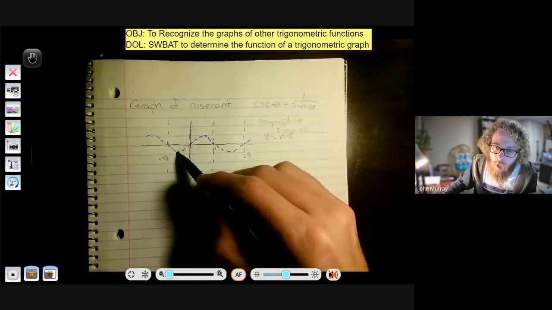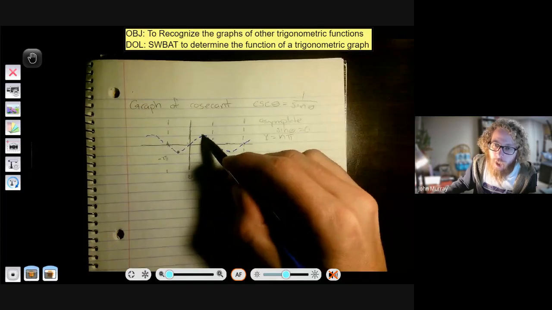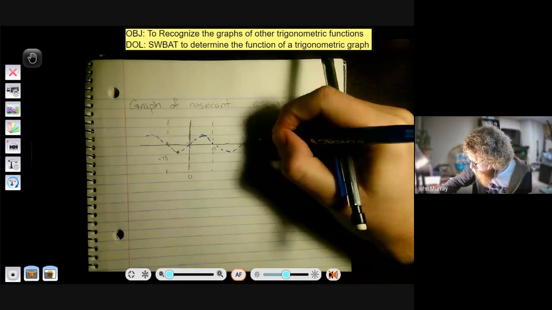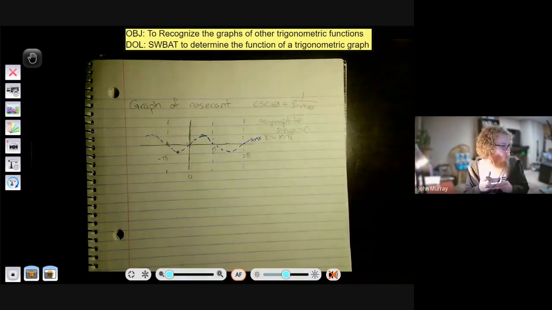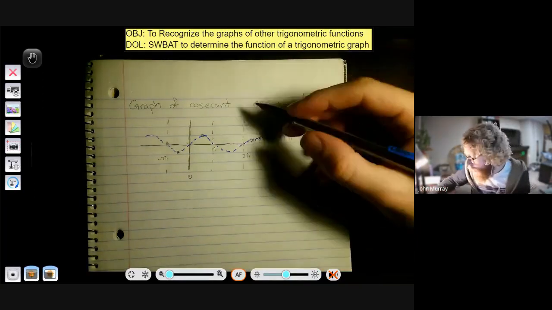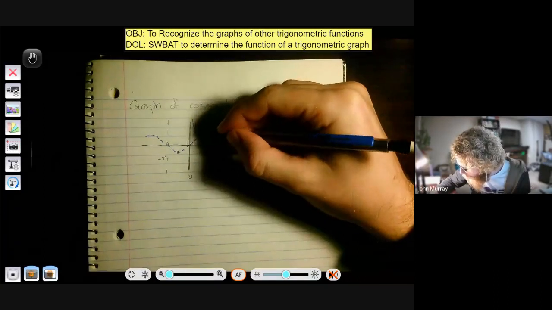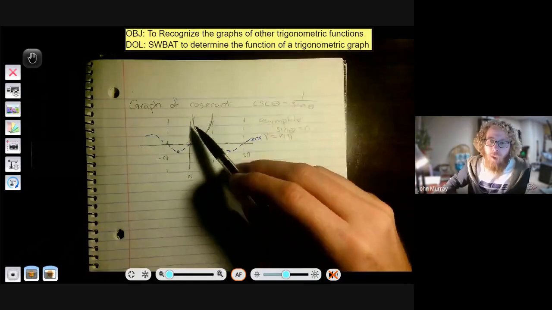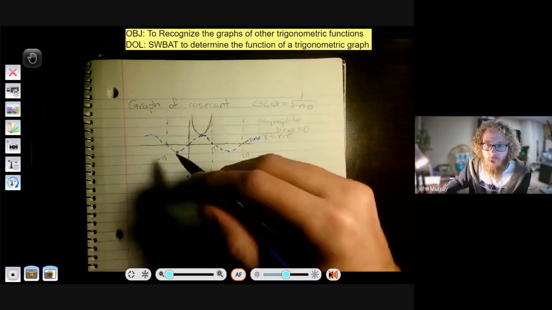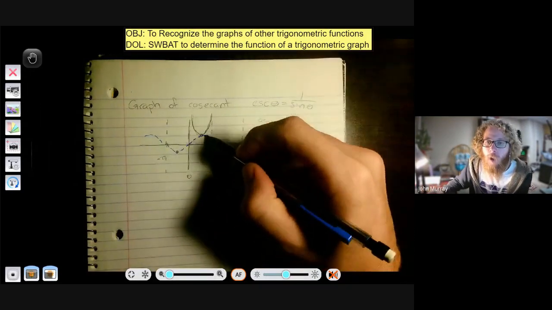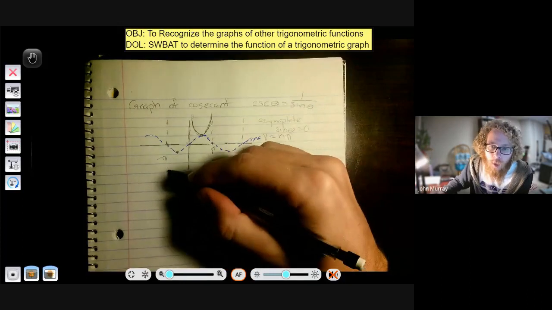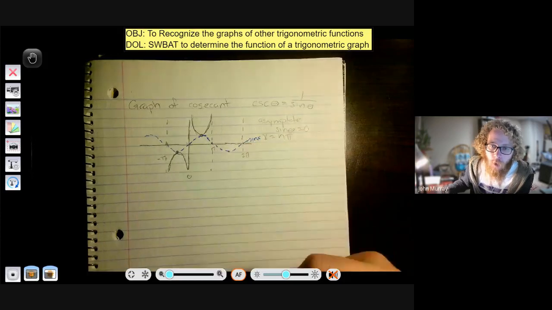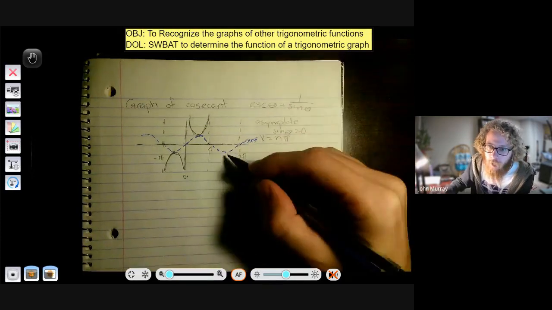So here, our graphs intersect. Again, this blue one is our sine function. Our cosecant function is almost like a mirror image, but it goes up forever. So here we have a parabola that fits in between these asymptotes, and it points up because this part is positive. Here, we're going to have a parabola that goes down, right?